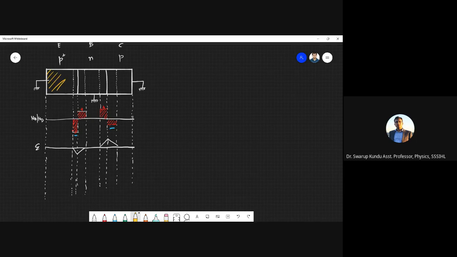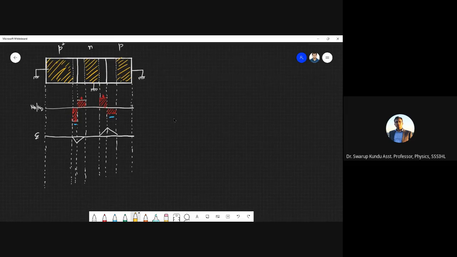So this part is neutral. For the base, this part is neutral, and for the collector, this part is neutral, right? Region. And these unshaded areas, they are basically donor and acceptor atoms. They're sitting there, right?